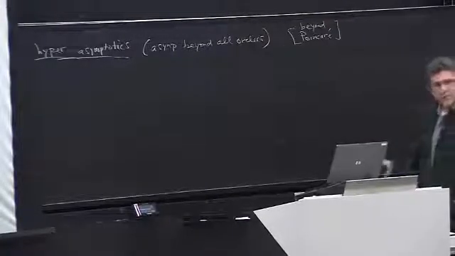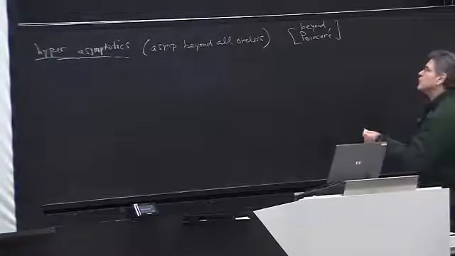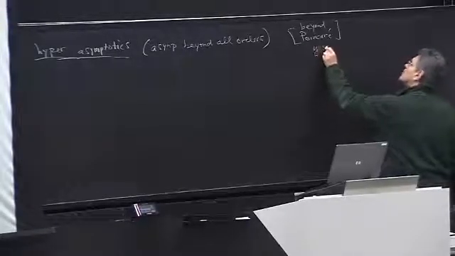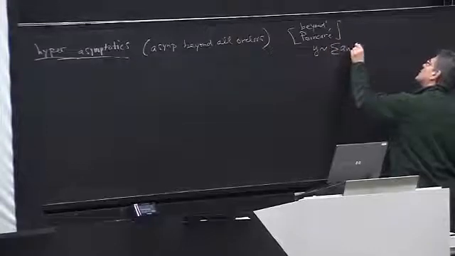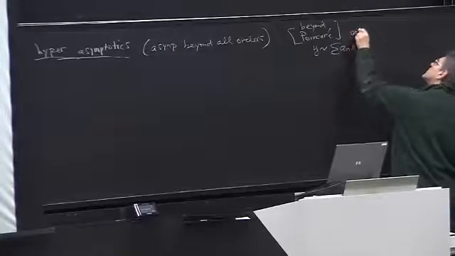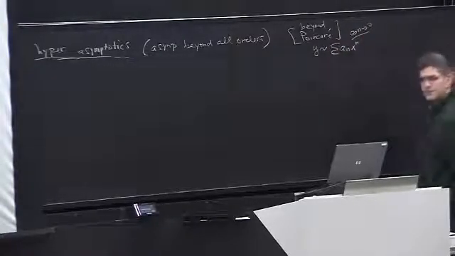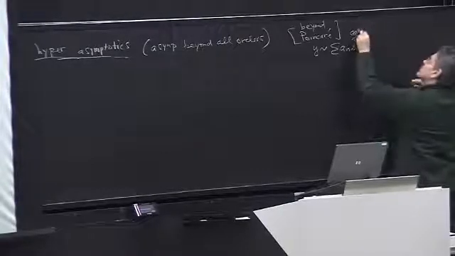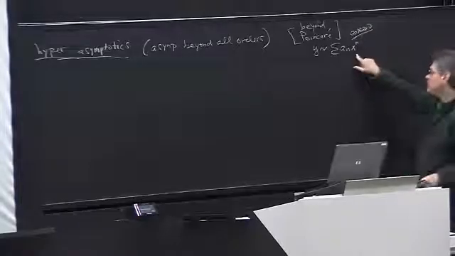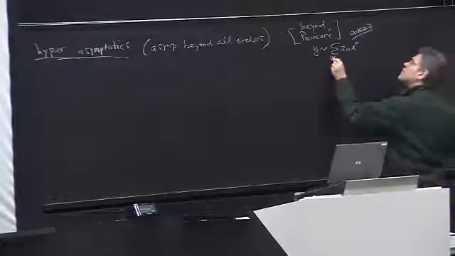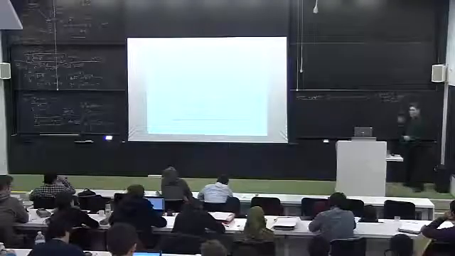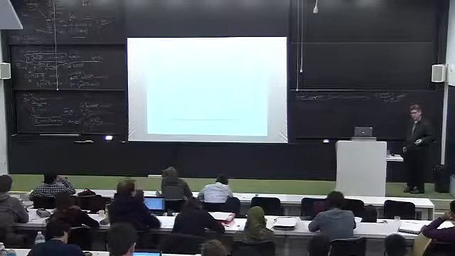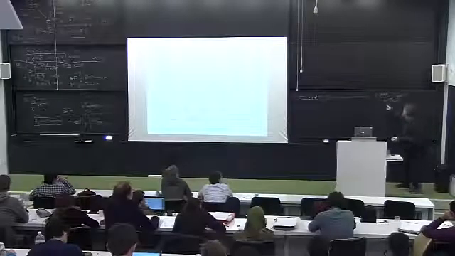It means that if you have an asymptotic series of some sort, y is asymptotic to the sum of a sub n x to the n as x goes to 0, and you had a subdominant term, this is not equal.